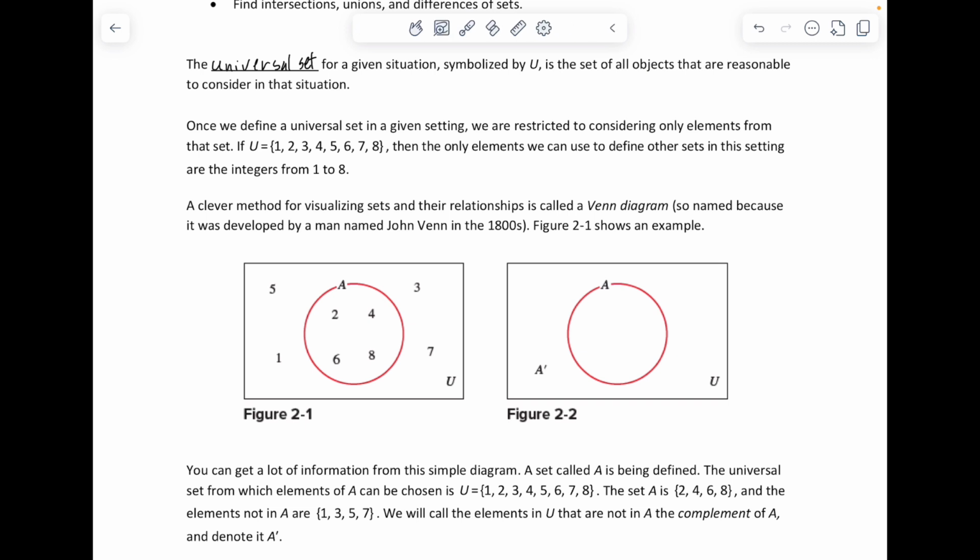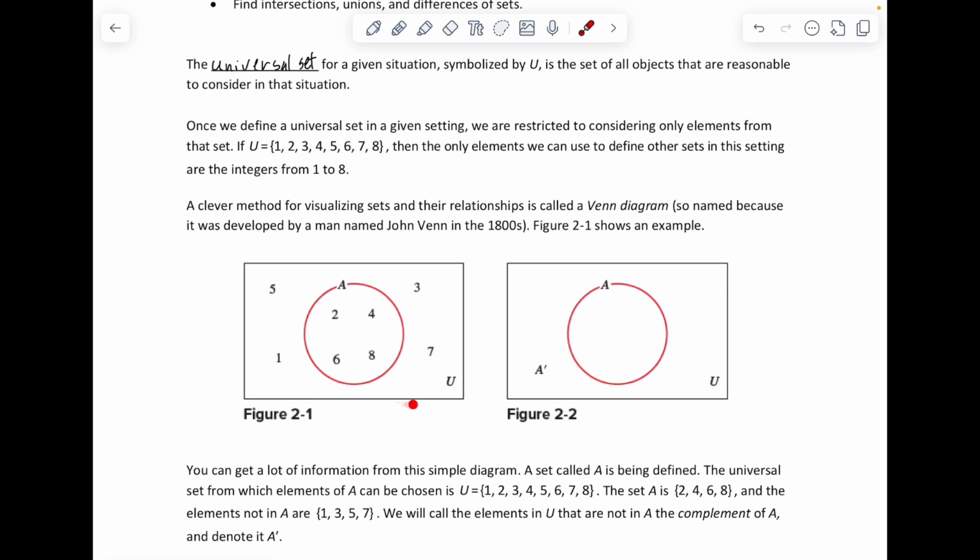Okay? So in the Venn diagram here, the rectangle represents the universal set. And you'll notice that inside the rectangle, we have all the integers from 1 to 8.